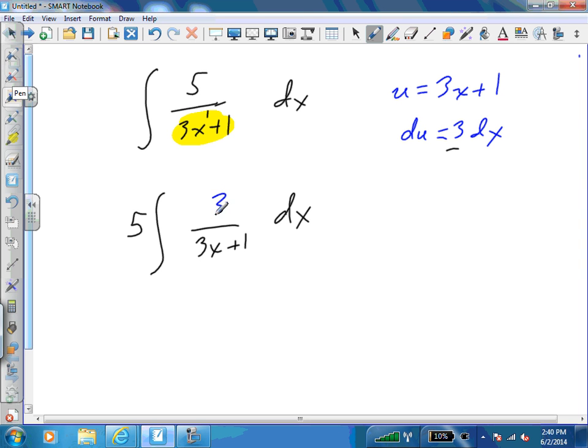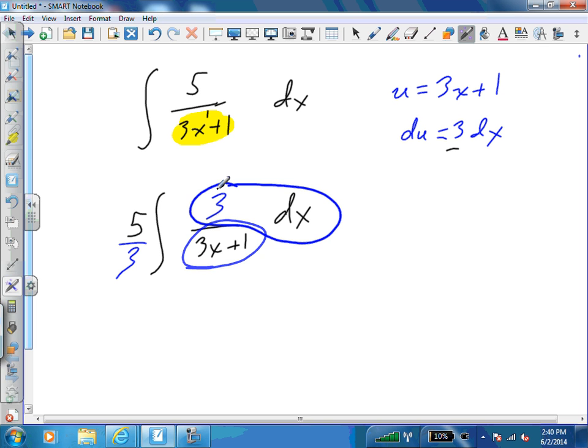We need a 3. If I put a 3 inside on top, what do I need out front? Yeah, I need a 3 on the bottom out front. So the denominator, we called that u. 3 dx, that's du.